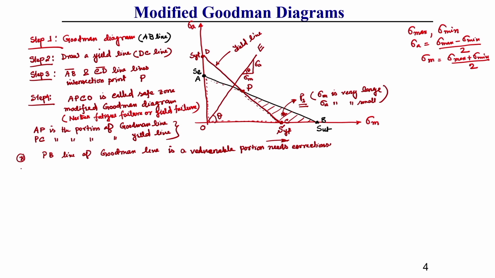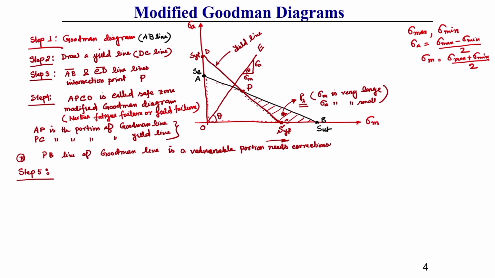Then step 5. So, what is step 5? By following steps 1 to 4 you need to draw the modified Goodman diagram.